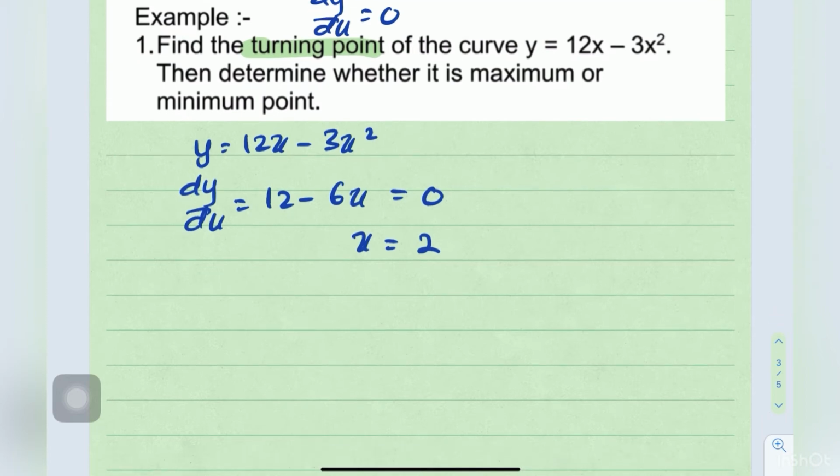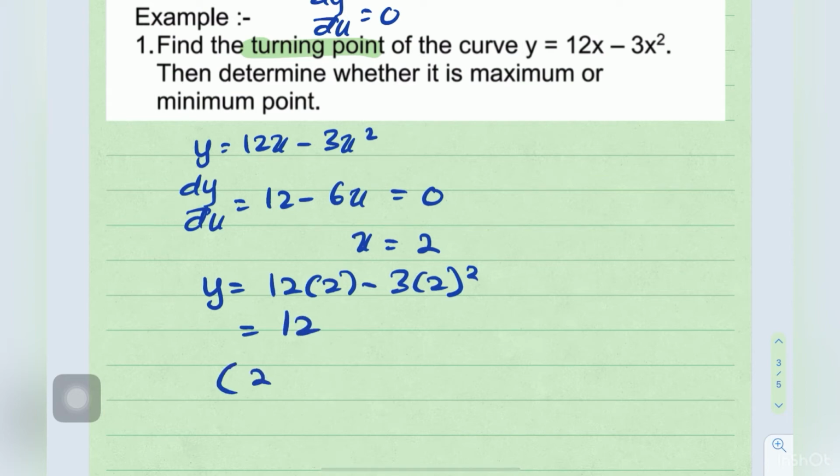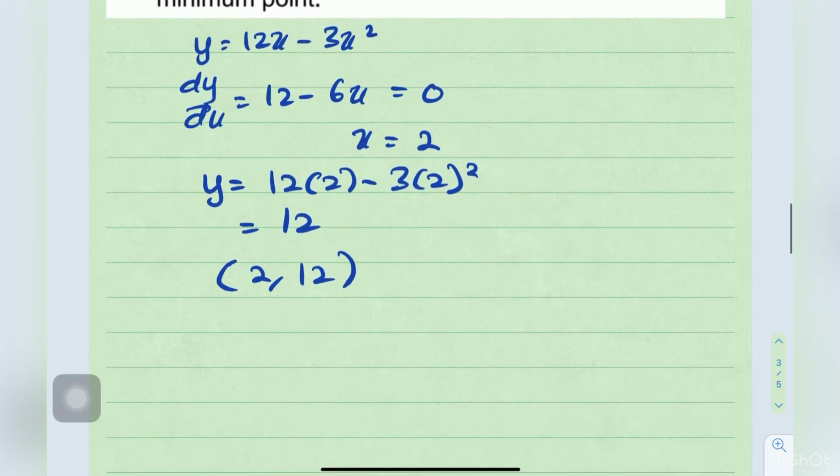To find y, substitute x equals 2: 12 times 2 minus 3 times 2 squared is 24 minus 12, which is 12. So we have the coordinate (2, 12). Now identify whether it is maximum or minimum.